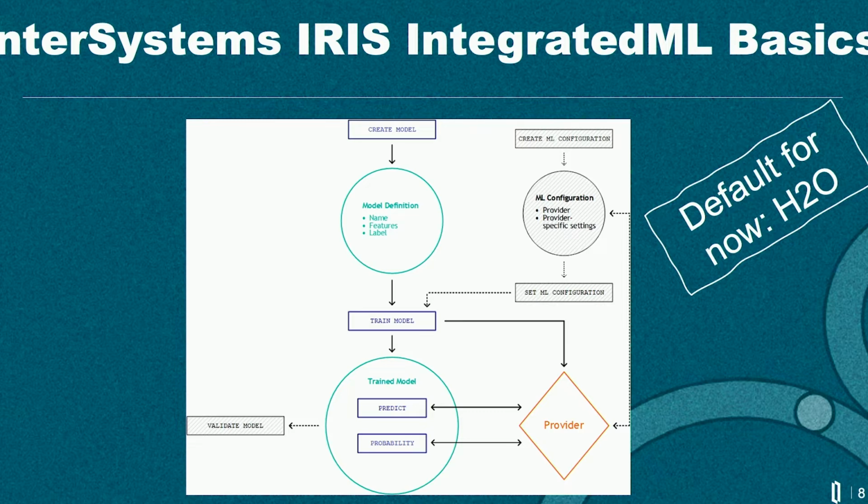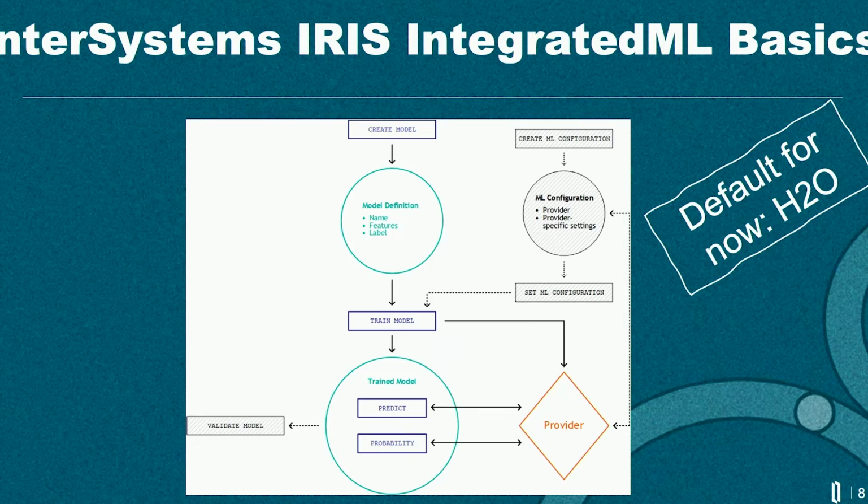So we're not going to look at the place where we actually specify an ML configuration at the moment. We're simply looking at having a provider already. We're going to give it a model.